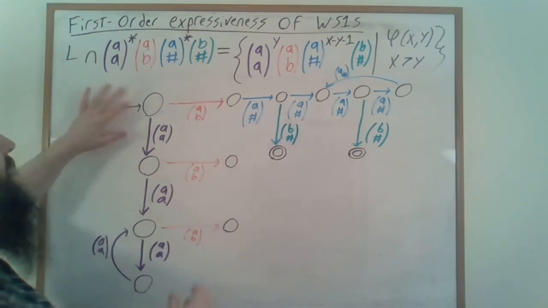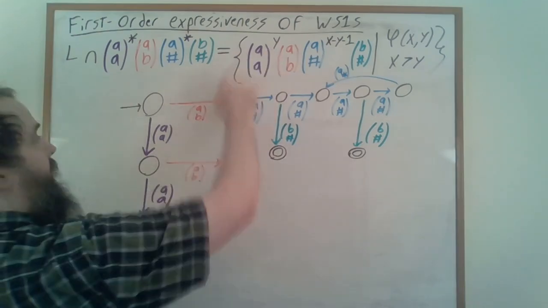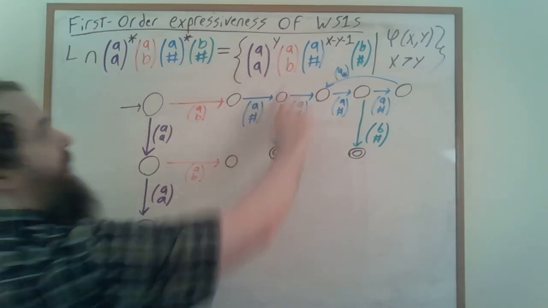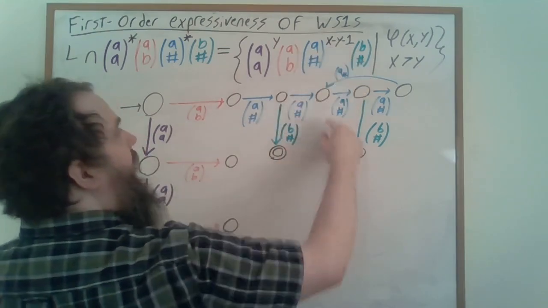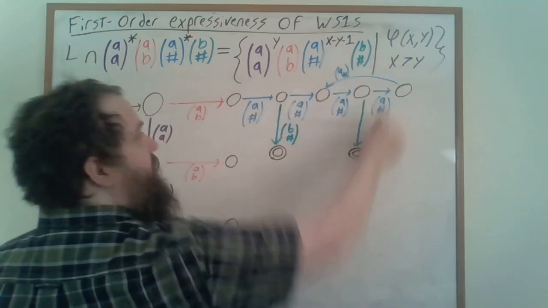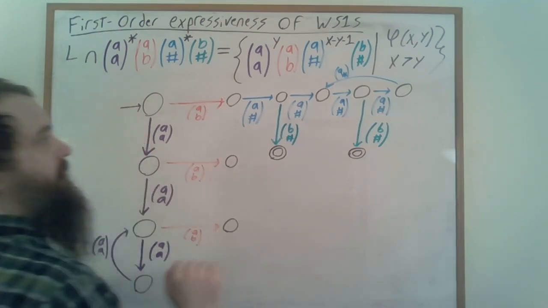And so we have, conditional on the value of y, the number of AAs, that x minus y minus 1 has to fall into some specific eventually periodic set.